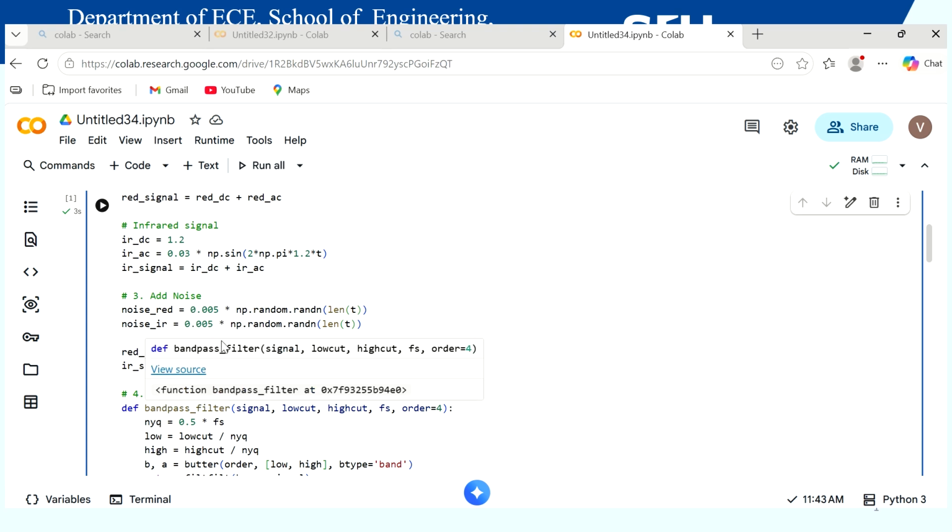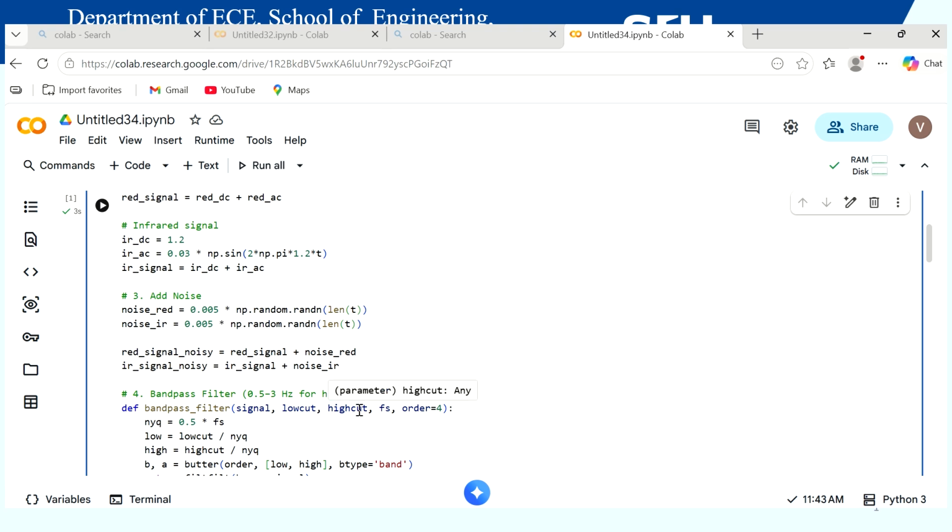The next one, band pass filter 0.5 to 3 Hz for heart rate. So what is the meaning? Define bandpass_filter(signal, lowcut, highcut, fs, order=4). This function filters heart rate frequencies only.